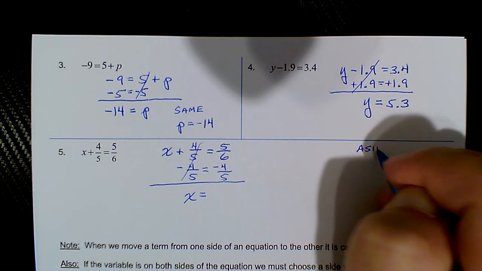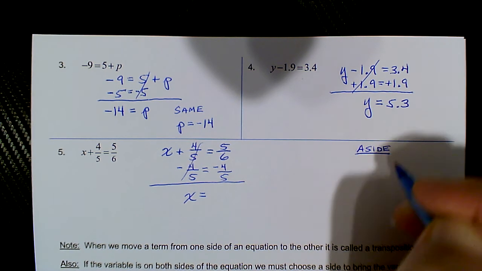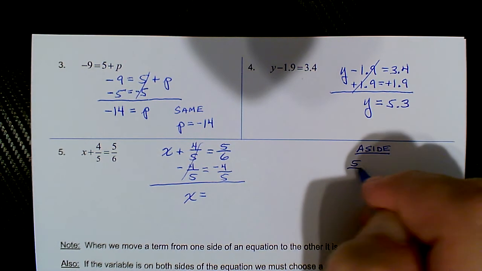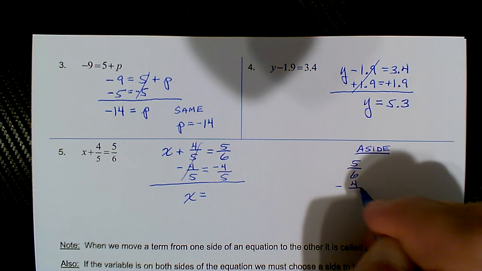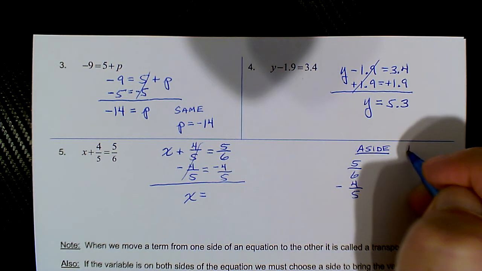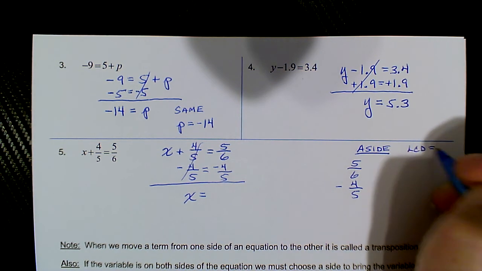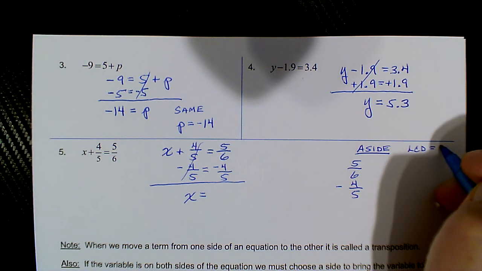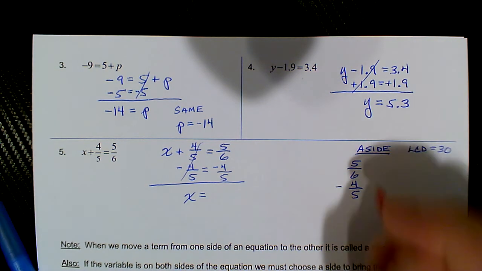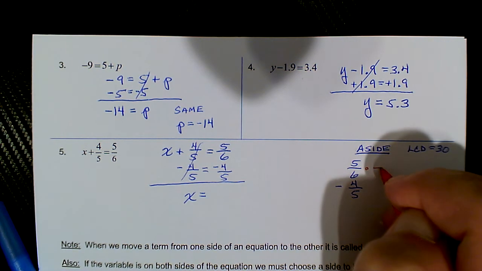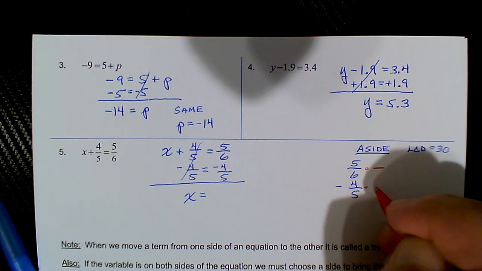do some side work. So if you have to add or combine 5/6 minus 4/5, we're going to need a least common denominator. In this case, that's 6 times 5, or 30. So we're going to build up each fraction to have that denominator of 30.